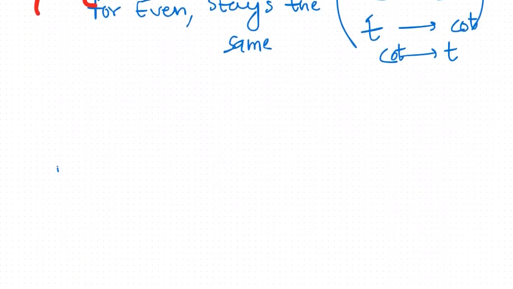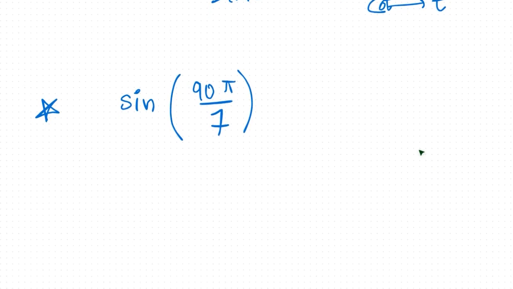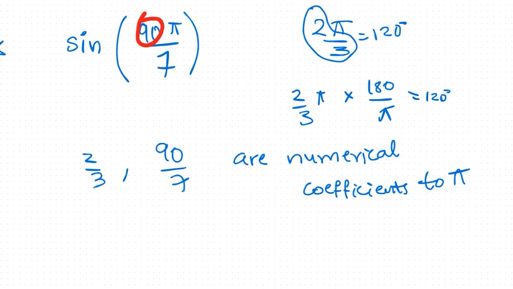Okay, let's say there is this question, sine of 90 pi by 7. Try to reduce this angle. 90 over 7 times pi, right?